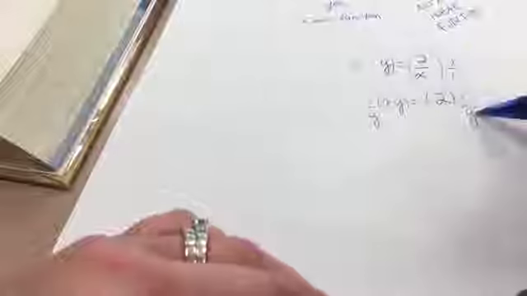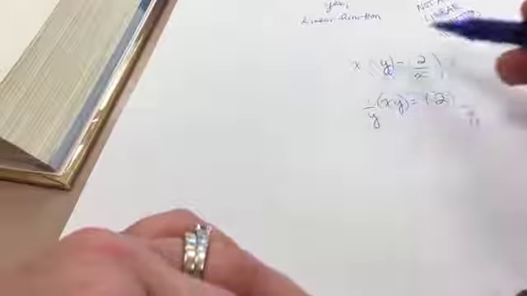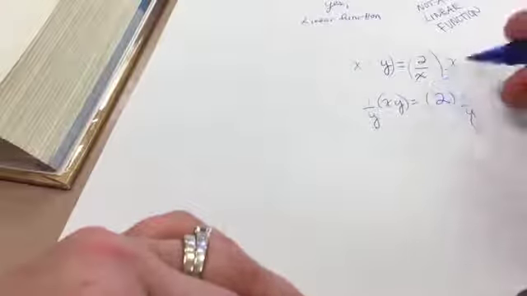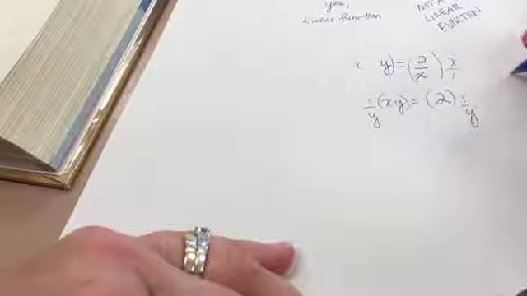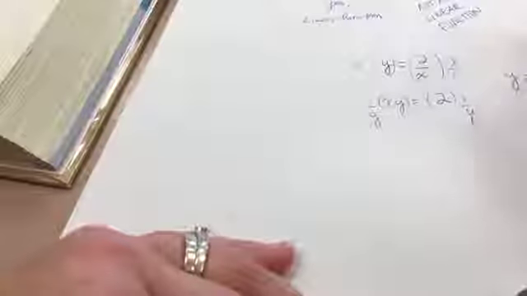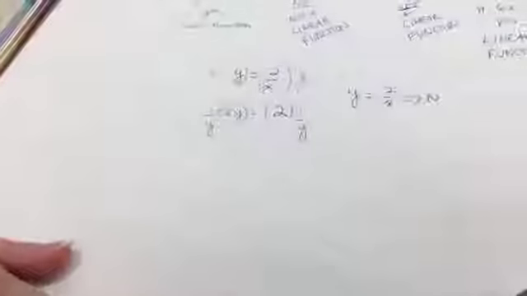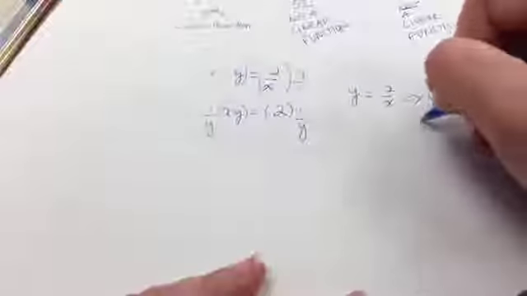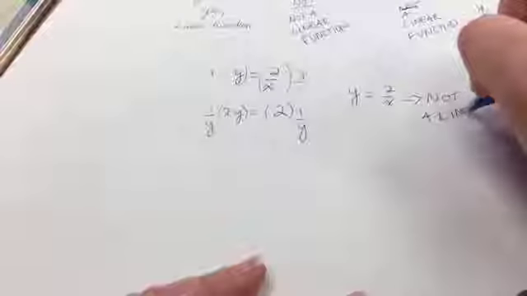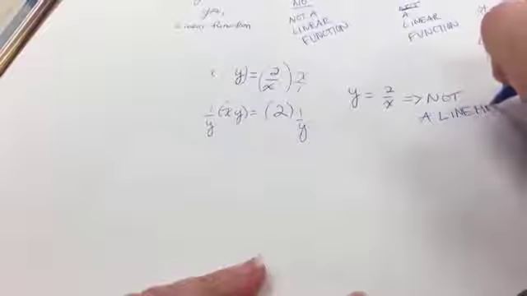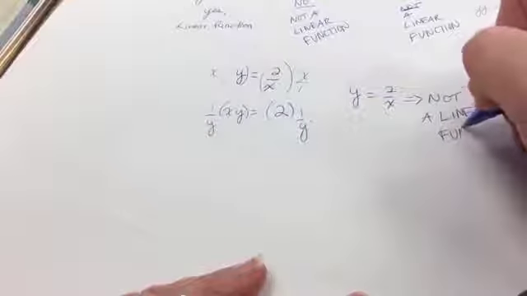So in this problem, again, my y is now in the denominator. And in order to have the y isolated, it has to be in this form. So since this cannot be written, y equals 2 over x is not a linear function.